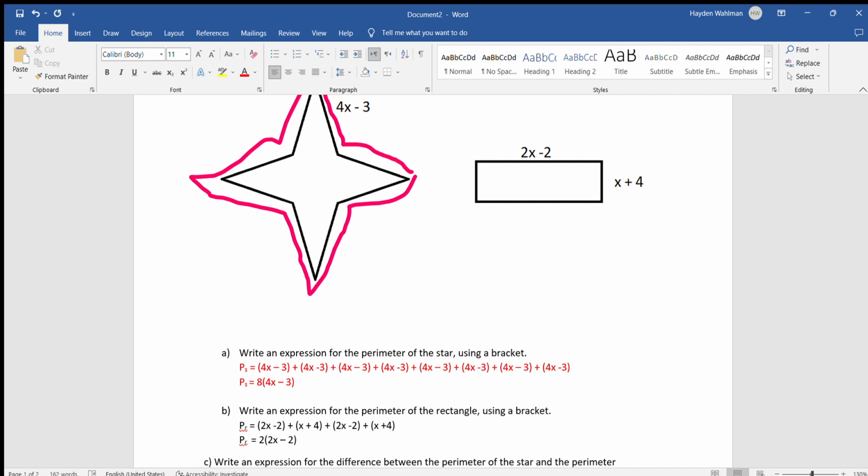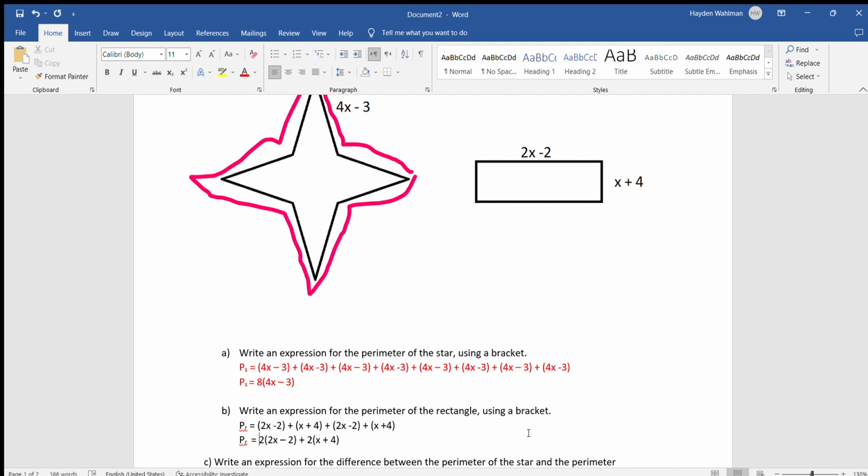And let's put brackets around both of these. I know at this age you guys hate brackets, but you'll come to see that they're necessary. And then plus 2 of the x plus 4's, right? And so let's take the brackets off so you can see it more clearly.